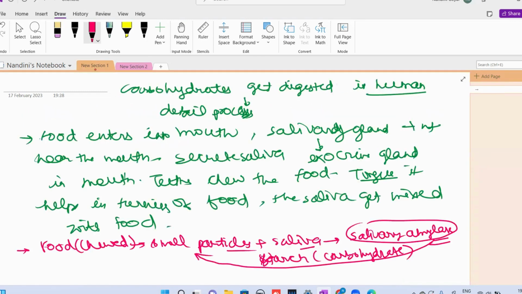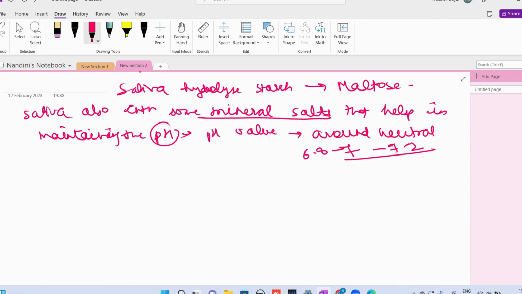Now we have saliva and food particles in our mouth. Saliva has salivary amylase, which acts upon the starch and converts it into maltose. Saliva also contains some mineral salts that help in maintaining the pH, and the pH at which salivary amylase works is around 7. At a more acidic or more basic pH, it will not work. The enzyme gets degraded.